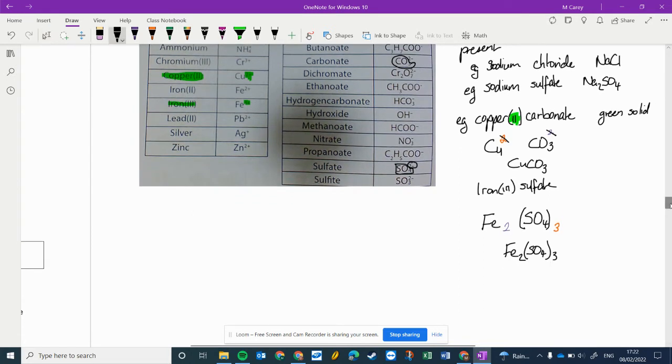So what about lead 2 hydroxide, silver nitrate, what about zinc chloride?